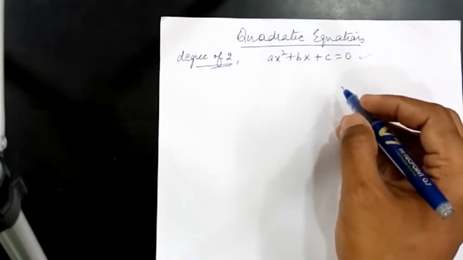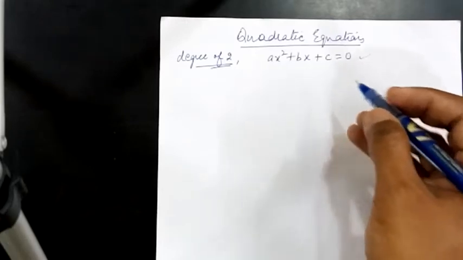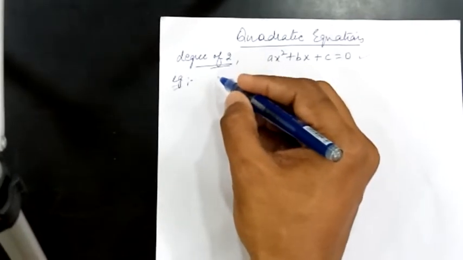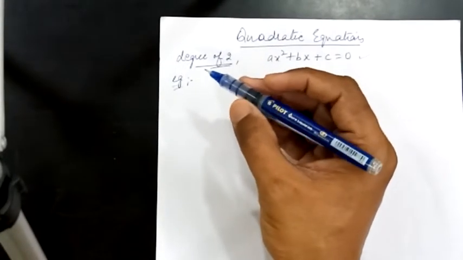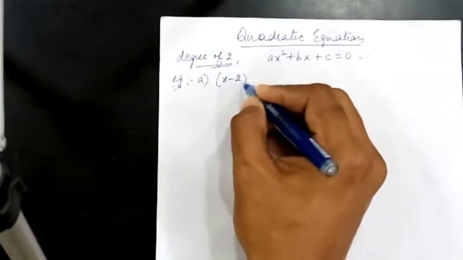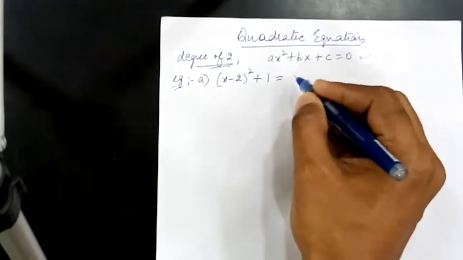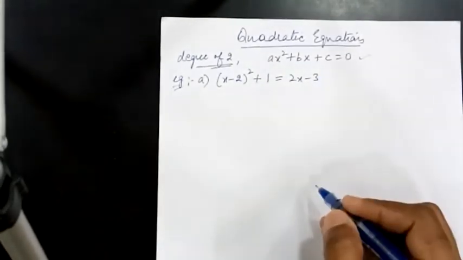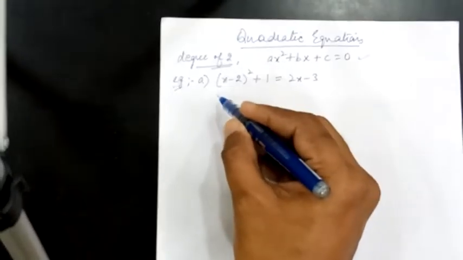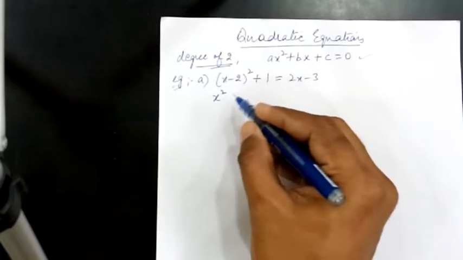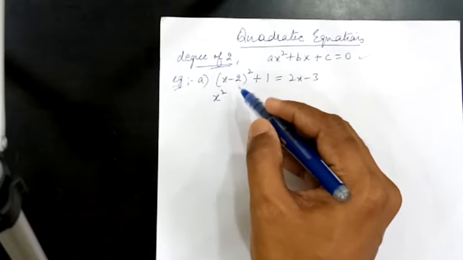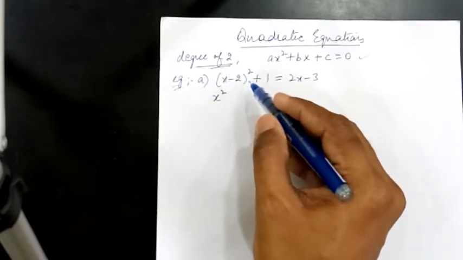So what a quadratic equation is, let us take an example. Let us suppose we want to know whether this is a quadratic equation or not. The equation given to you is x minus 2 whole square plus 1 is equal to 2x minus 3. You want to know whether this is a quadratic equation or not. What you can do is just try to solve it out, expand the equation. x minus 2 whole square, that means a square minus 2ab plus b square.